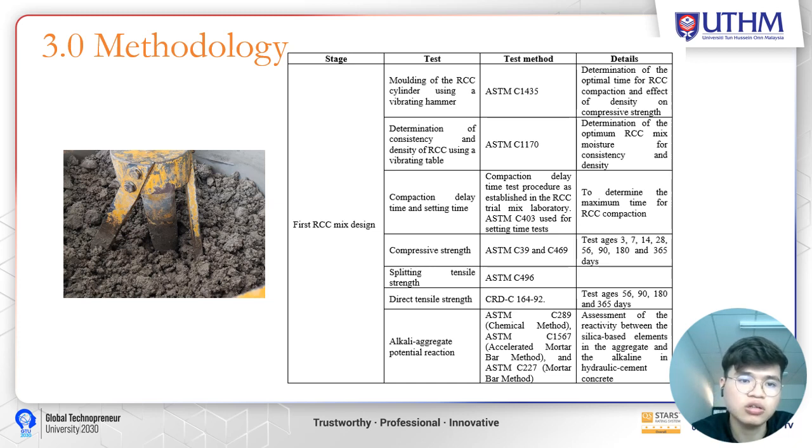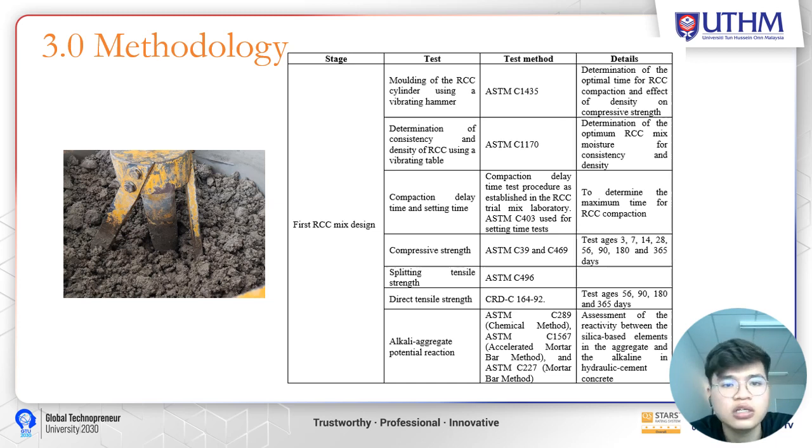And because RCC is a zero slump concrete, we should use a technique for measuring the consistency of zero slump concrete, like VB time, to determine the consistency and also the density based on the test method.